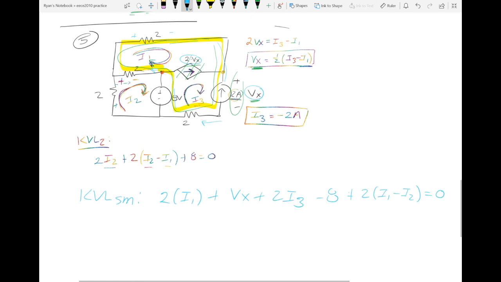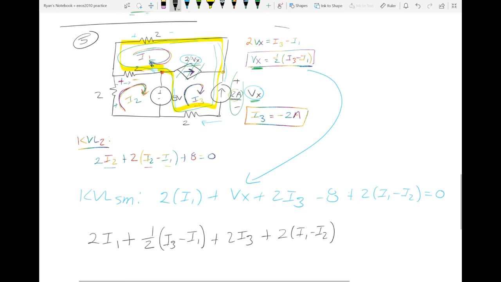So now, Vx is equal to this. So I have this huge thing I can write. I got 2I1 plus 1/2 (I3 minus I1) plus 2I3 plus 2I1 minus I2, and I move the 8 to the other side.